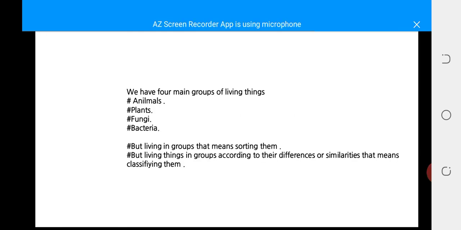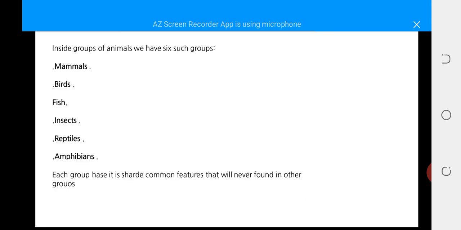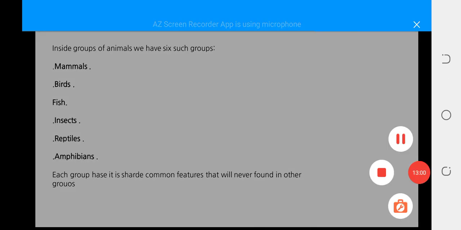Okay, this is all about today's lesson about birds. We will put birds in one group because they have the same common shared characteristics, and we will put mammals in one group because they have the same common characteristics.